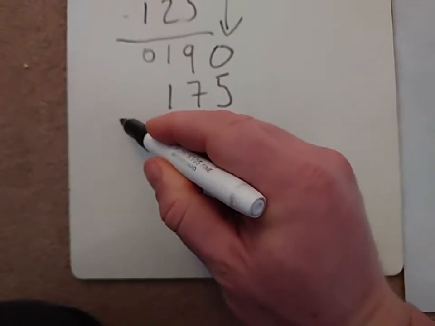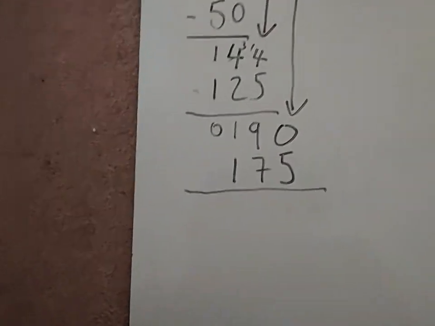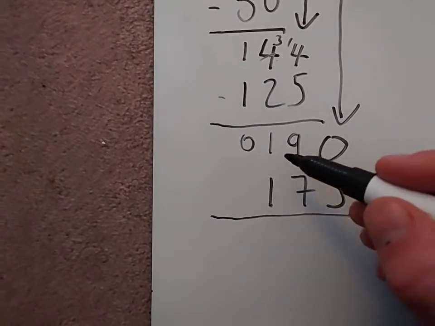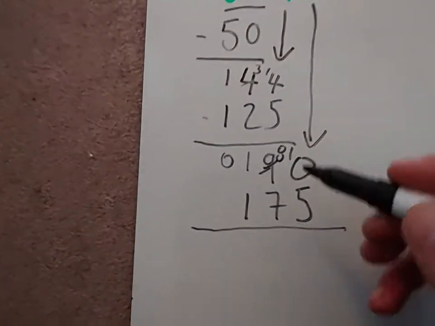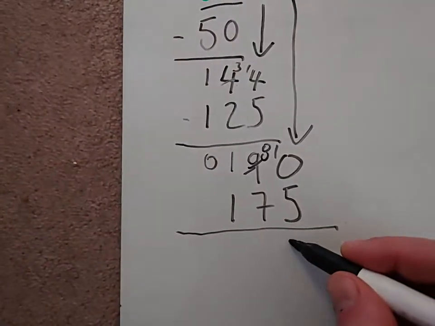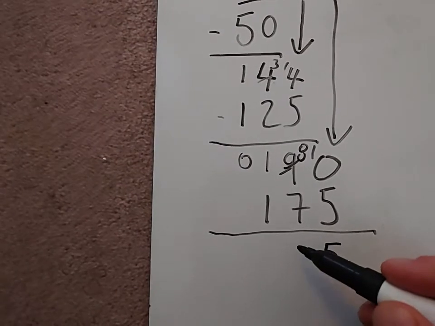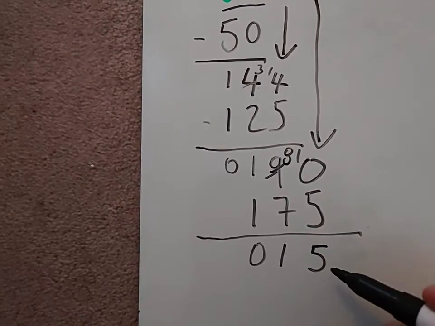Now this is where things are slightly different, because we're not going to use a remainder, remember. So to find out the remainder from here, I need to do 10 take away 5, which is 5, 8 take away 7, which is 1, and then 1 take away 1 is 1, so 15.